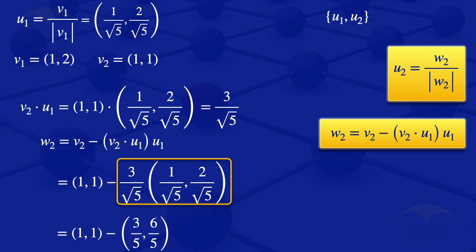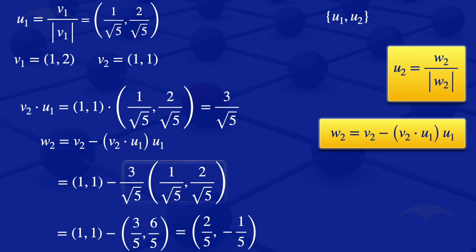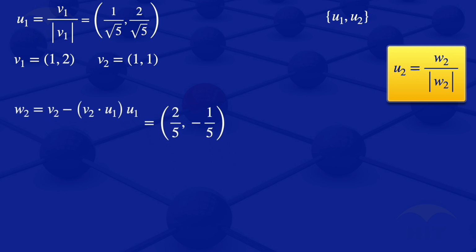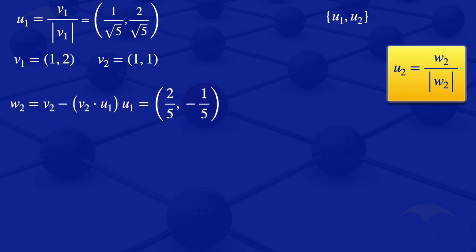So 1 minus 3 over 5 gives us 2 over 5, and 1 minus 6 over 5 gives us minus 1 over 5. So our vector becomes (2 over 5, minus 1 over 5). What we are having there is W2 equal to (2 over 5, minus 1 over 5). Our U2 is W2 divided by the norm of W2.